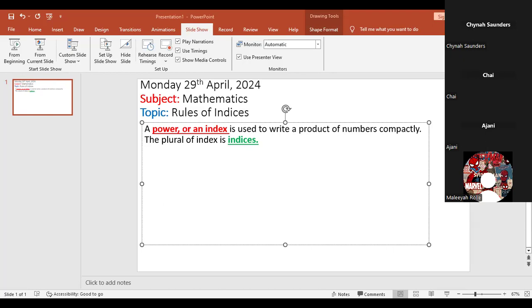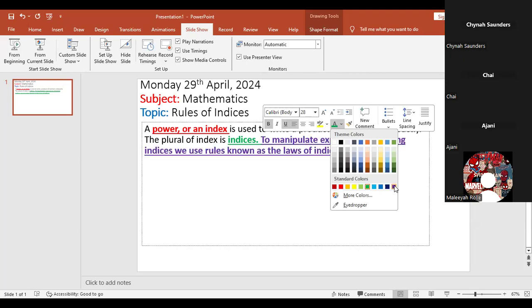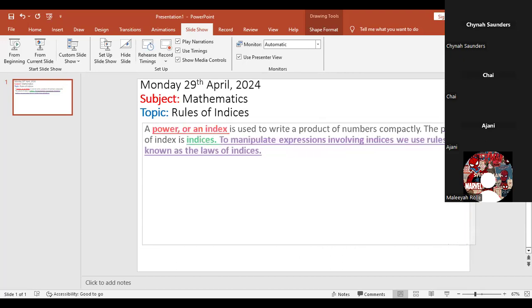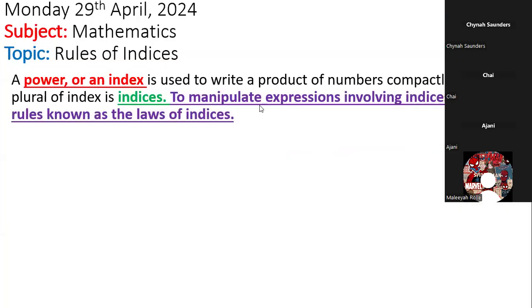The rules are called laws of indices. That's what we call them. So let me highlight this with purple. To manipulate these expressions involving indices, we use rules known as laws of indices. The laws of indices help us to manipulate expressions that have a power, and we do it in a very succinct way.